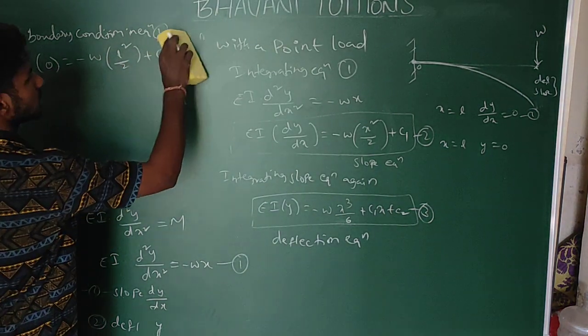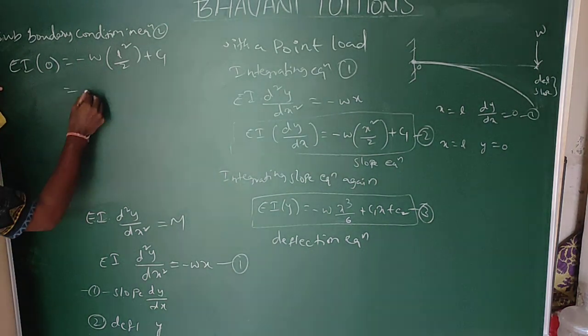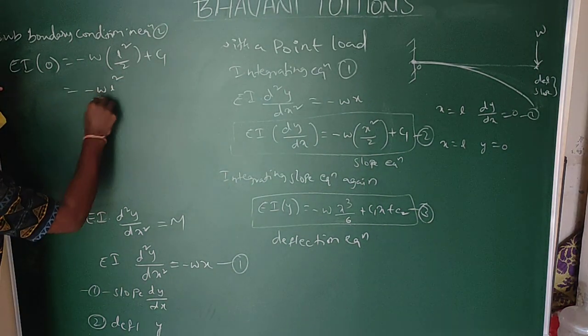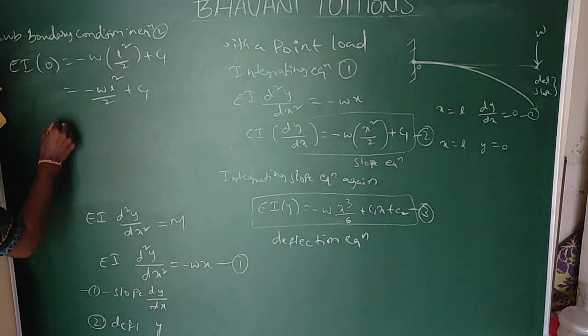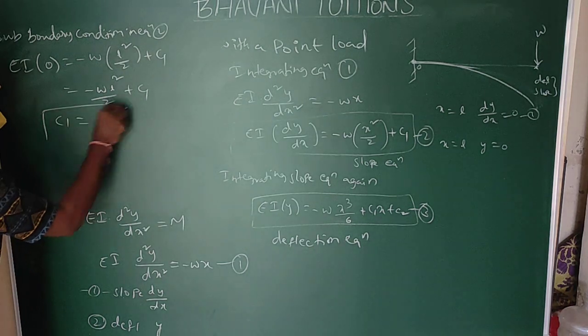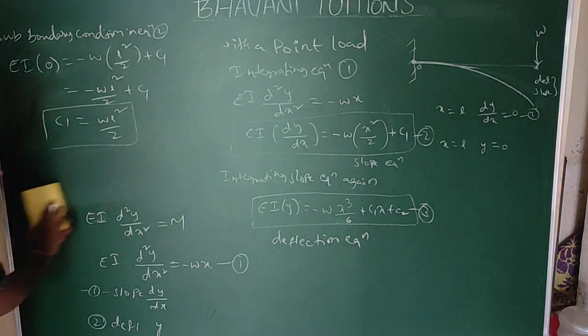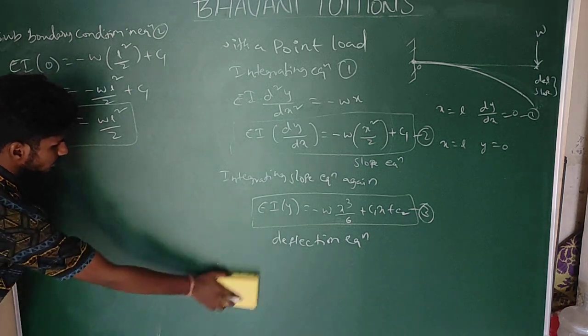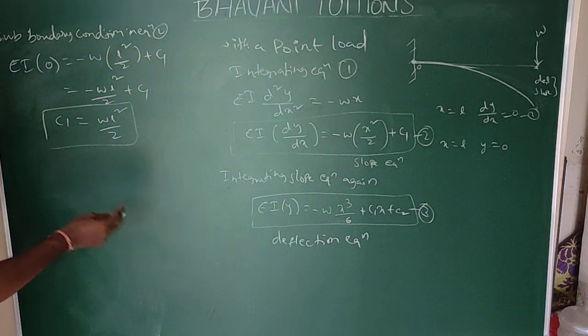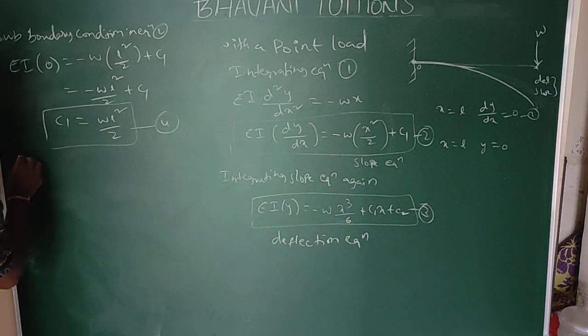This is the slope equation. This is nothing but minus W L square by 2 plus C1, that is C1 is equal to W L square by 2. This is from the first boundary condition. We got the unknown constant C1 as W L square by 2. Let us name this as the fourth equation.